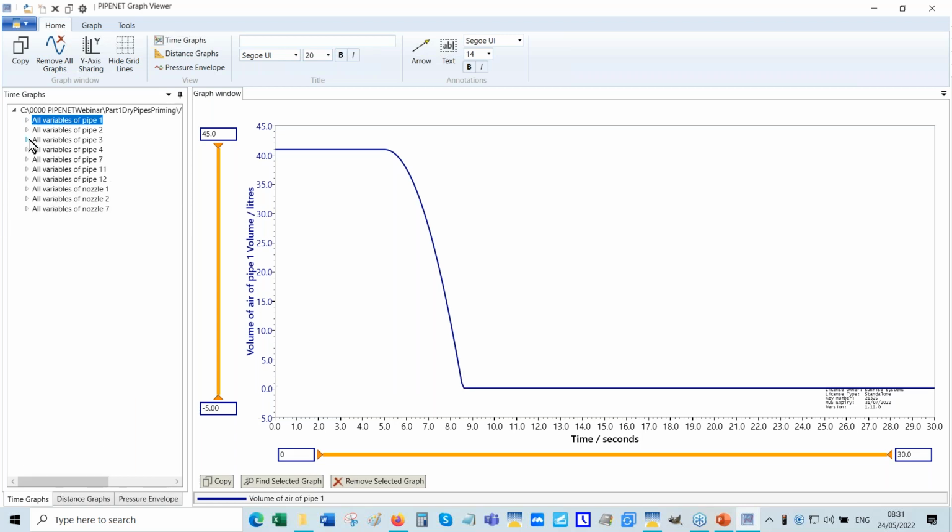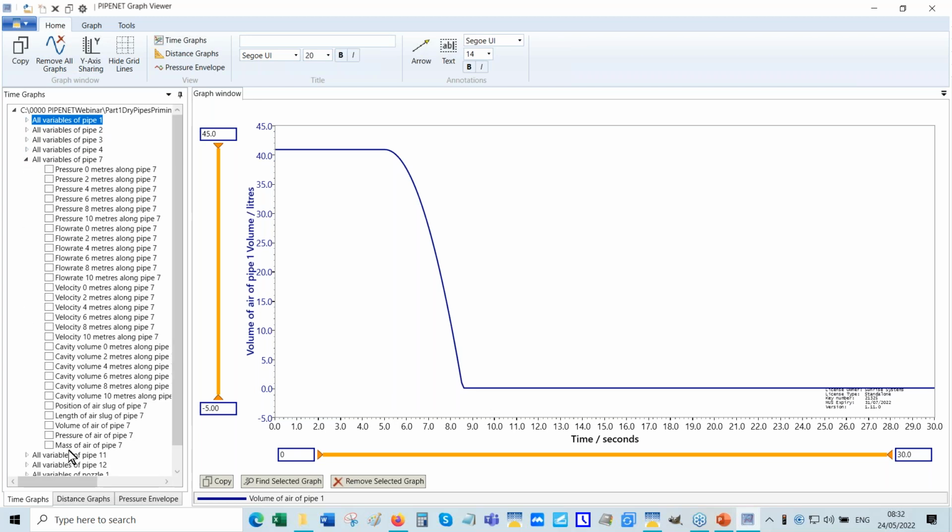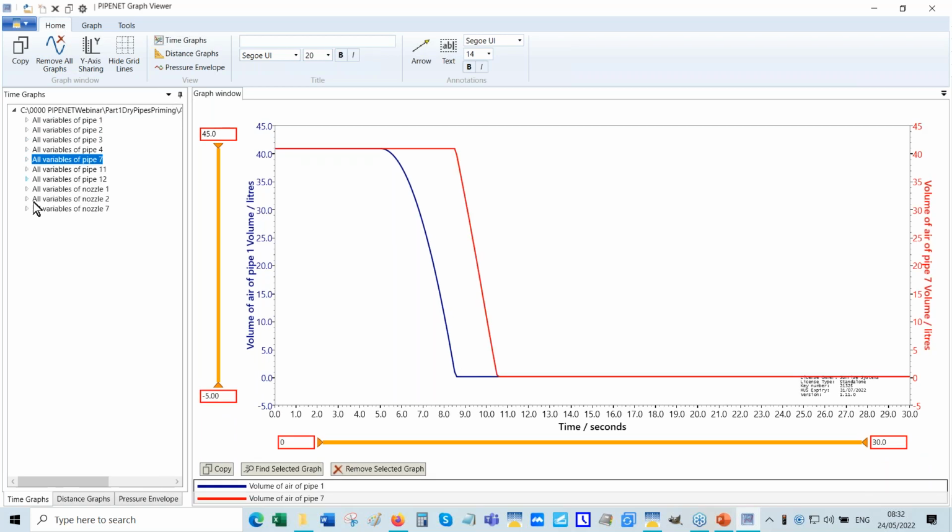So let's look at the next pipe, which is pipe 7. There's a little bit of an optical illusion, but it looks as though this starts later than this.